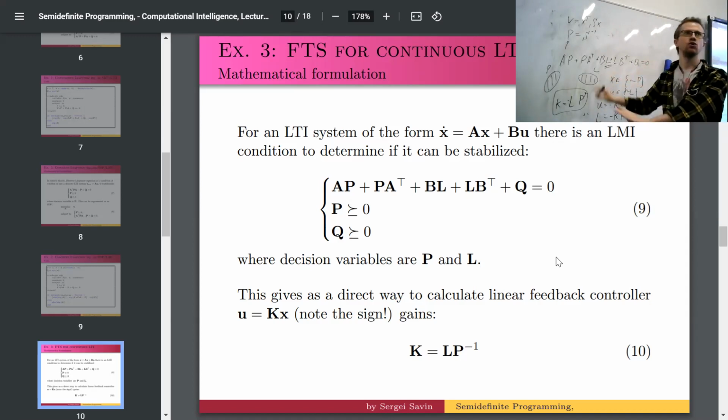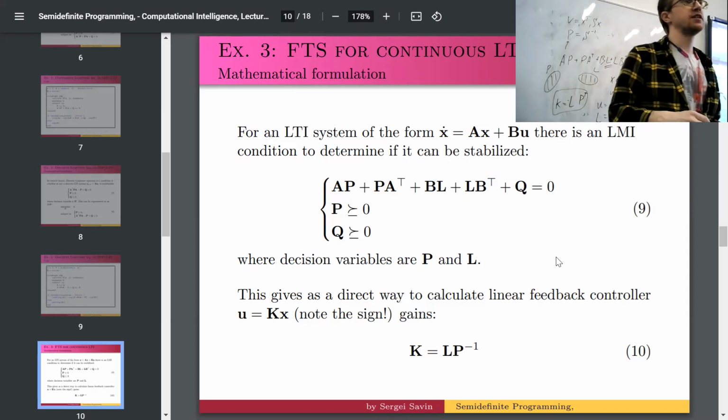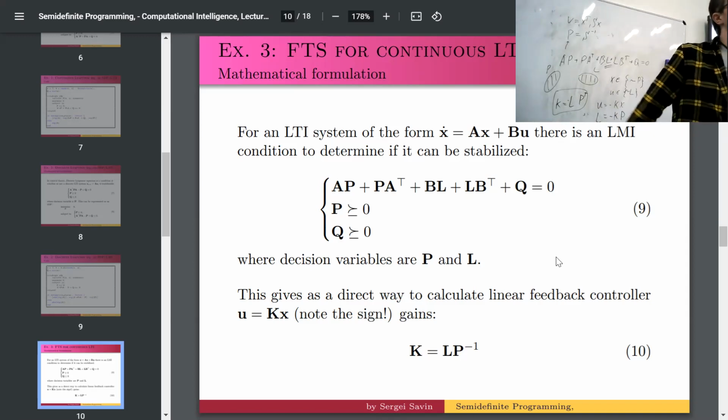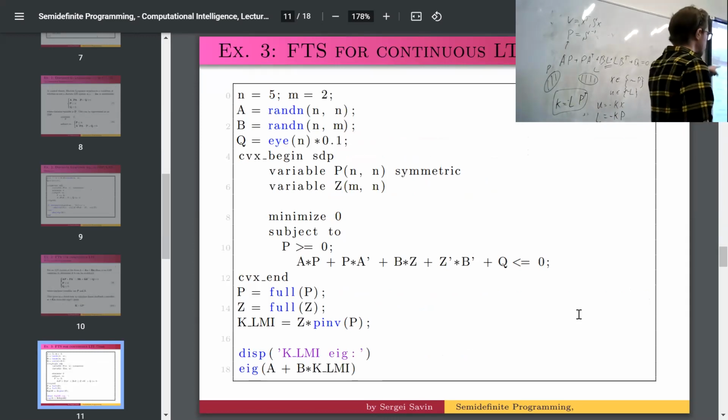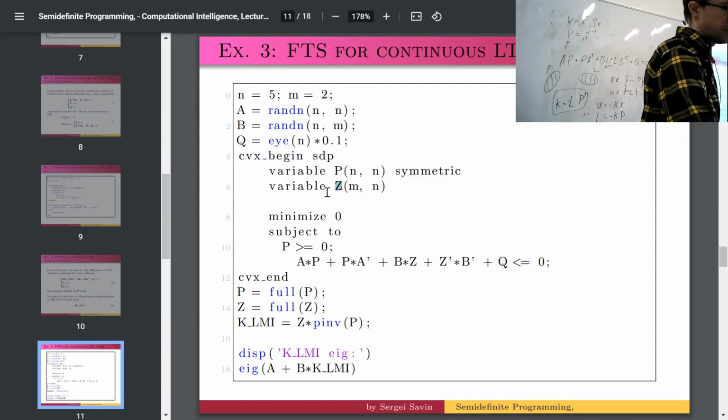Like scary, don't know what it is, etc. Looks bad in all kinds of ways because you need to read the whole chapter in the book to understand it. But what is nice about it is in code, it looks just easy. And notice that the program itself just got one more variable, which is not symmetric.